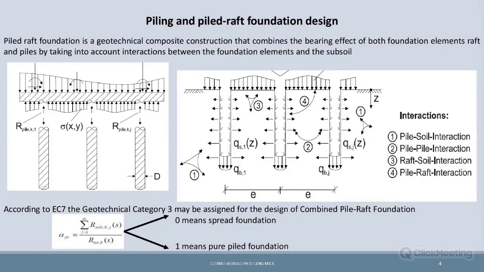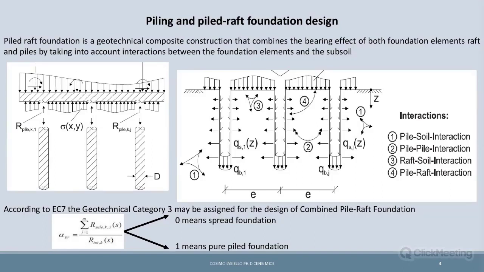This is also important: the ratio called alpha between the resistance of the piling as opposed to the total resistance of the solution. If the piling resistance is 0, it means that the foundation is a spread foundation, a direct foundation, or if it is 1, it means that it's a pure piling foundation.